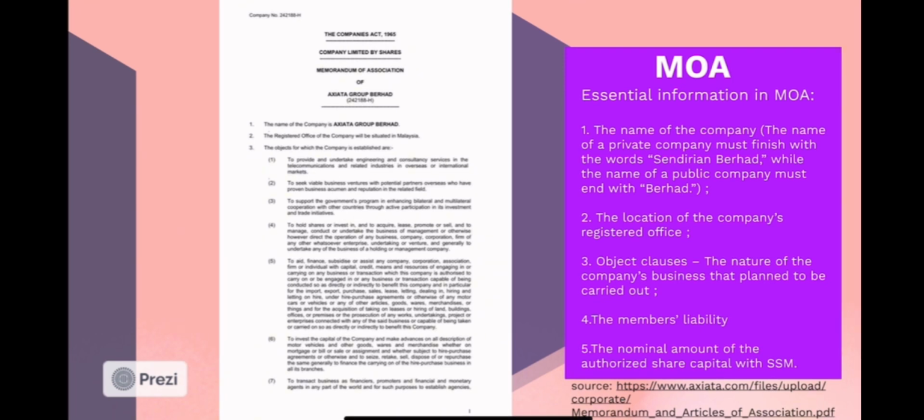Third, object clauses: the nature of the company's business that is planned to be carried out. Number 4 is the members' liability, and the last one is the nominal amount of the authorized share capital. So these are examples of the Memorandum of Association of Axiata Group Berhad.